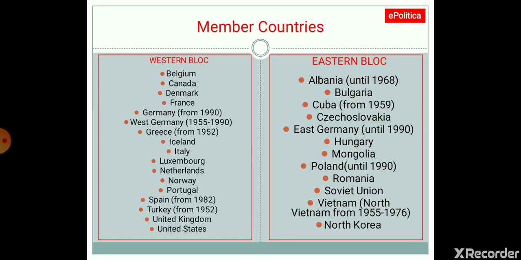Whereas the countries who supported the Eastern Bloc were Albania, Bulgaria, Cuba, Czechoslovakia, East Germany, Hungary, Mongolia, Poland, Romania, Soviet Union, Vietnam, and North Korea. So it is quite evident that most of the European countries were split into two blocs. The Western European countries were supporting the American-led bloc, whereas the Eastern European countries were supporting the USSR's bloc.